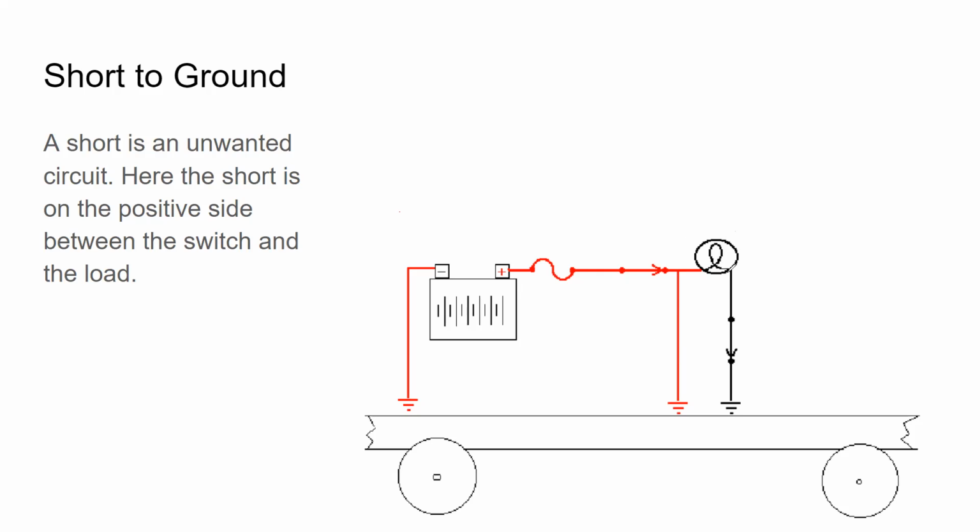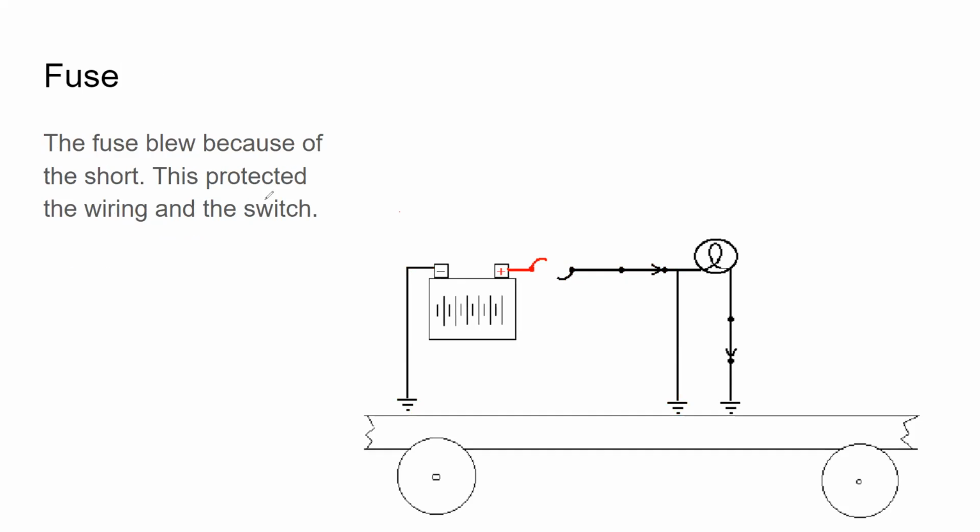For one, our light bulb isn't going to light. Two, since voltage isn't being consumed by a load like a light bulb, this literally creates a short circuit, and current will flow in an uncontrolled fashion until, boom, our fuse breaks. If we have a fuse, this is exactly what we put it in our wiring system for, to protect our battery and our wires from a short circuit.